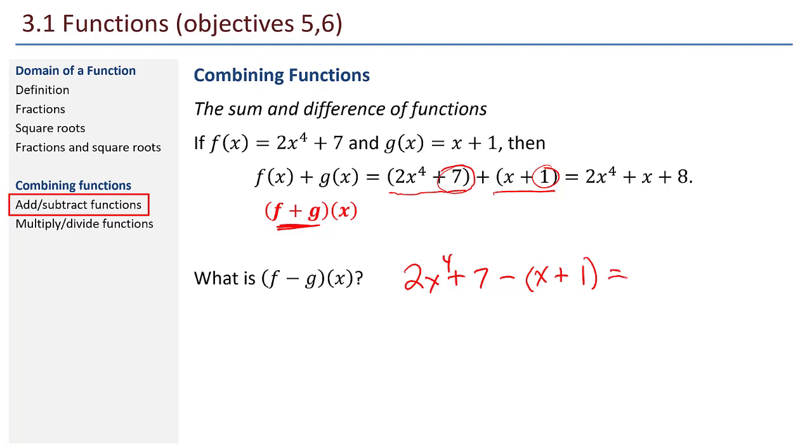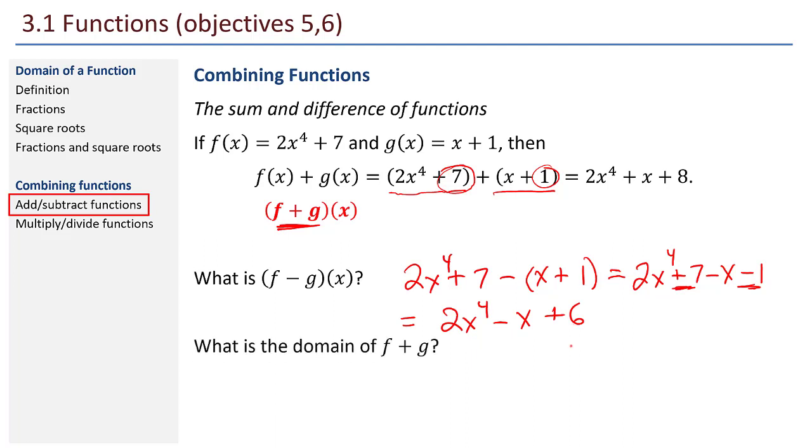And when I simplify, the negative distributes, so I get 2x to the 4 plus 7 minus x minus 1. So I have a plus 7, I have a minus 1. That gives me 2x to the 4 minus x, and then how about plus 6? Plus 6.